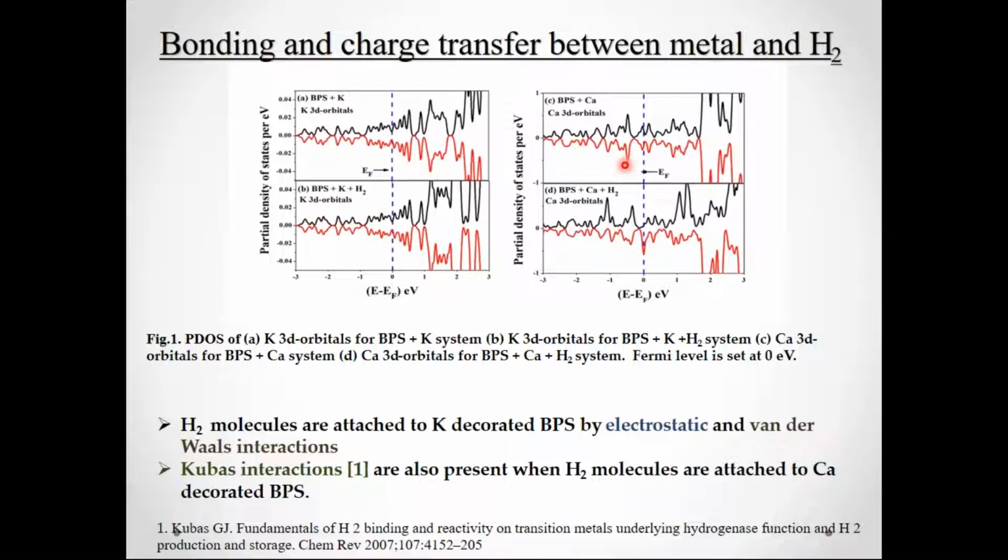While in the case of the calcium atom, we have found that the nature of the partial density of states near the Fermi level, Fermi energy, has changed. So this indicates that Kubas interaction is also present in addition to electrostatic and van der Waals interaction when hydrogen molecules are attached to the calcium atom.